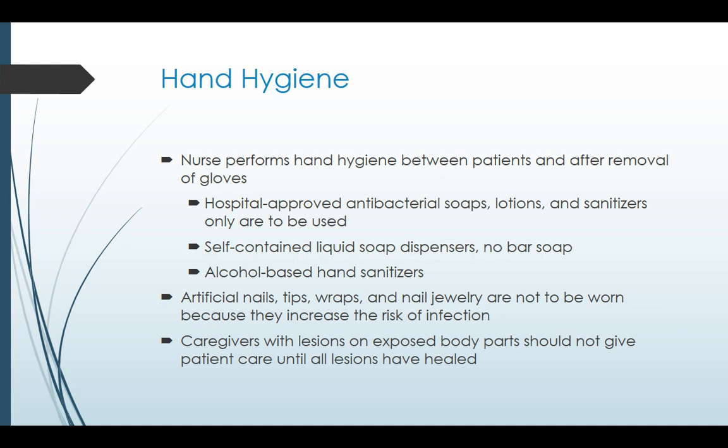Family education to prevent spread of infection should include hand hygiene, necessity for immunization, proper food storage, use of pasteurized milk, proper defrosting and cooking of meat, avoid using community towels, control of insects, and avoid use of a sandbox. Because what do sandboxes in the yard become? They become outdoor kitty litter.